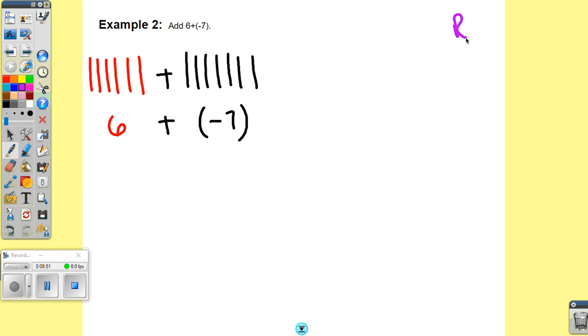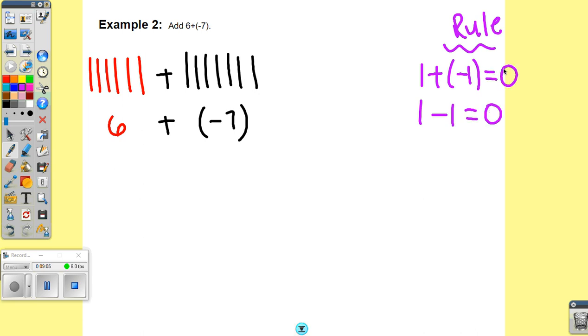I'm going to write this in the corner just to remind ourselves of this. We learned that 1 plus -1, or in other words, 1 minus 1, that's equal to 0. If I have 1 red popsicle stick and I also have 1 black popsicle stick in the same problem, that means that they cancel each other out. They're equal to 0. So we can simplify this problem.